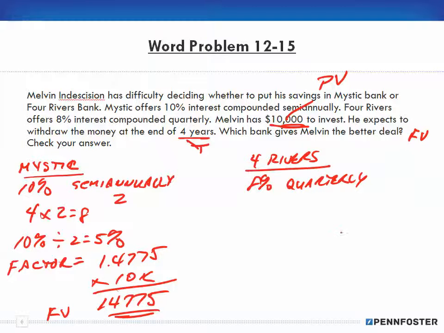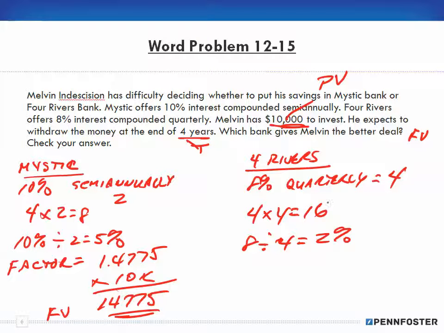So now when we look at Four Rivers, this is compounded quarterly, which is 4 times a year. Okay, so if I have 4 years at 4 times a year, that's 16 compounding periods. And if it's at 8%, I divide by 4, and that means I get 2% per compounding period.